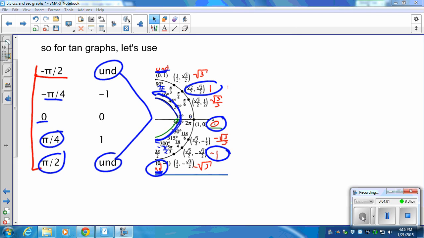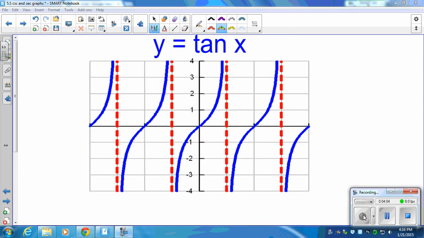We can cut and paste from there. So this is what our tangent graph is going to look like. Notice, from negative pi over 2, right here, to pi over 2, we have a continuous graph. At 0, we're 0. At pi over 4, we're 1. At negative pi over 4, we're negative 1.